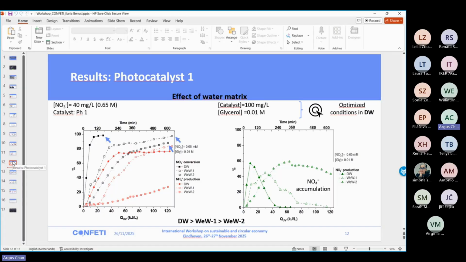We obtain better results in the mineralized water than in well water 1, which was the simpler one, and then well water 2. In the most complex water, we can see that we obtain a lower ammonium production, and this is due to the accumulation of nitrite. So it's important to increase the glycerol concentration again to have all the nitrate reduced to ammonium.